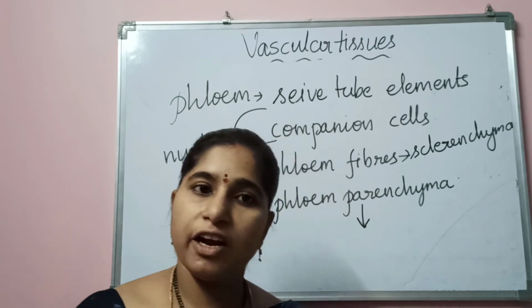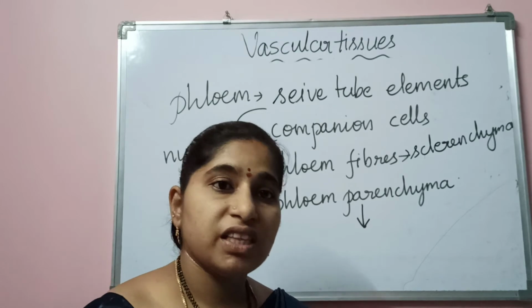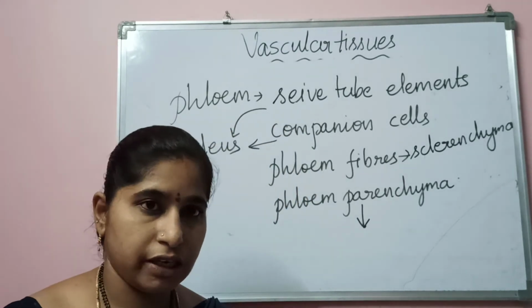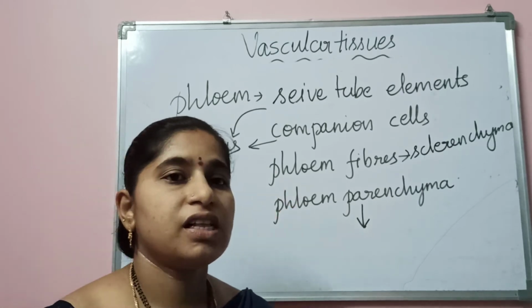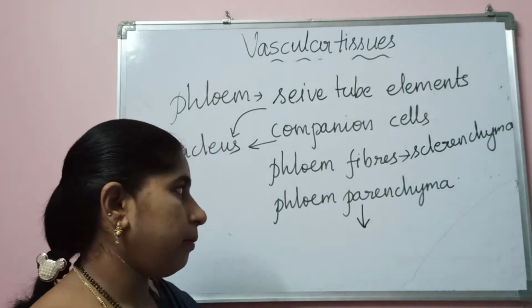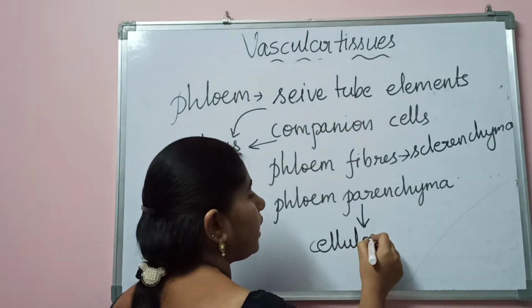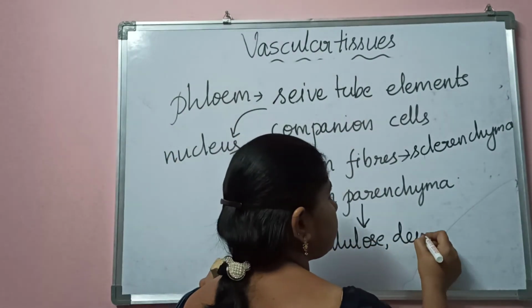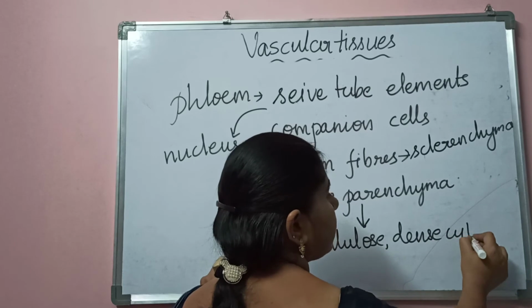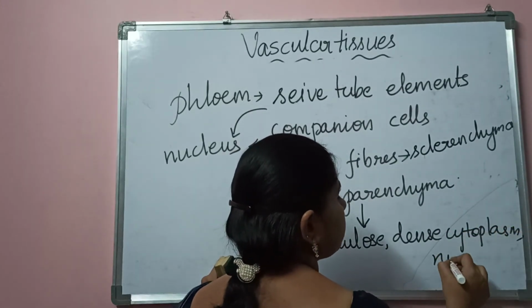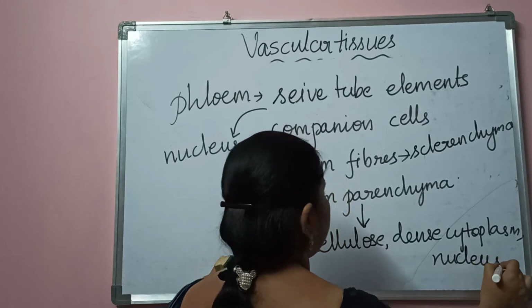The work of maintaining the pressure gradient also is done by the companion cells only. The phloem fiber cells are made up of sclerenchyma, and the phloem parenchyma, as usual, is made up of cellulose, and it has dense cytoplasm, and the nucleus is also present.